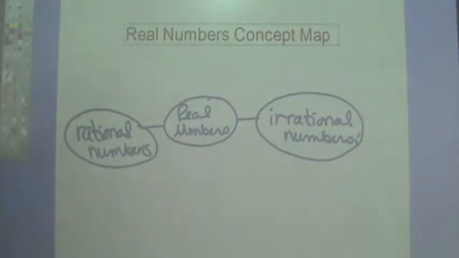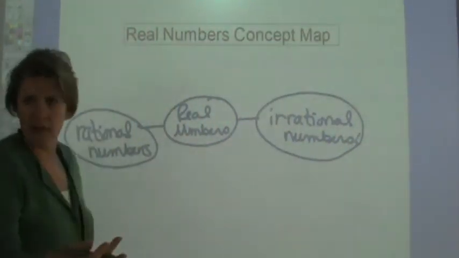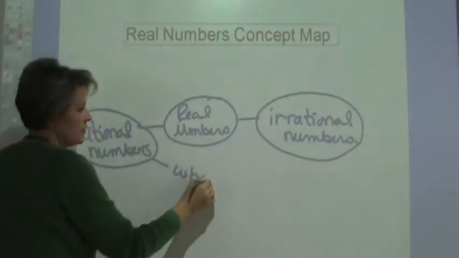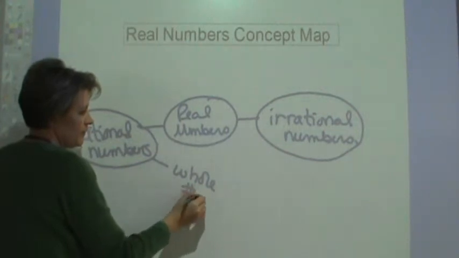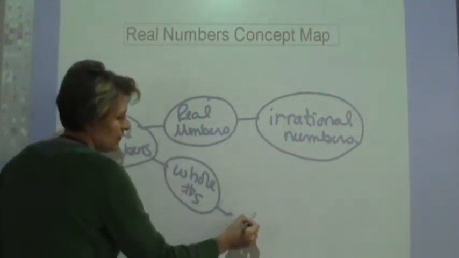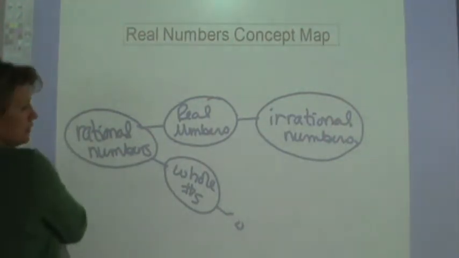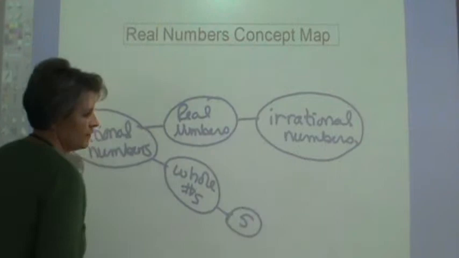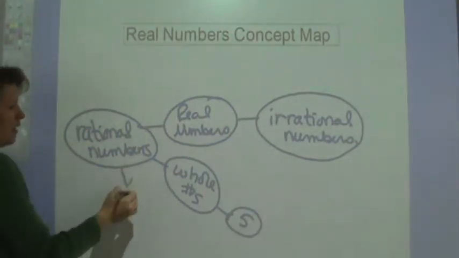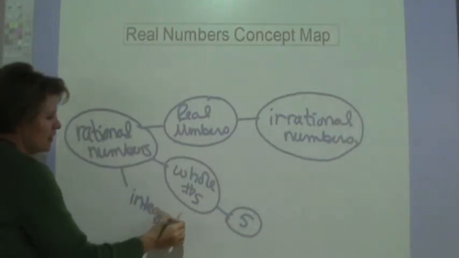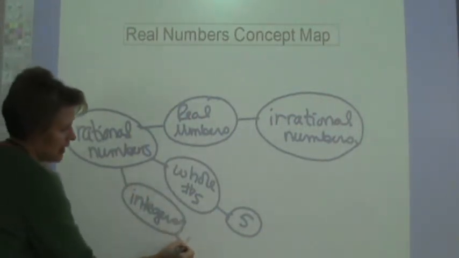So rational numbers. That's your counting numbers when you're in kindergarten. What do we learn to count with? That's our whole numbers. Example would be like 5. We have our integers, which basically is your whole numbers and their opposites. So let's throw a negative down there.